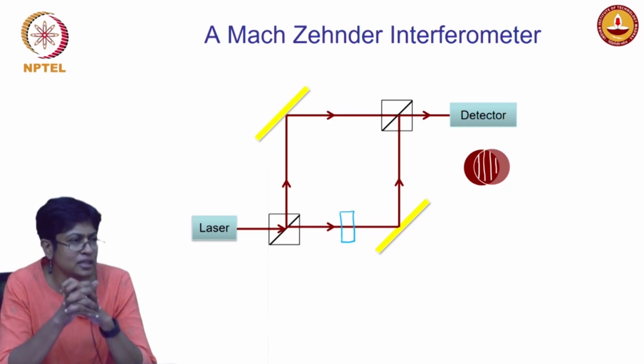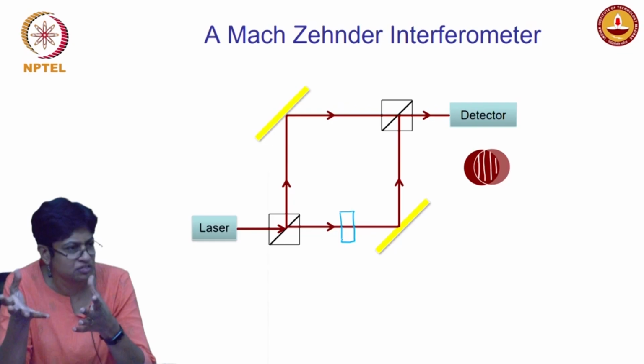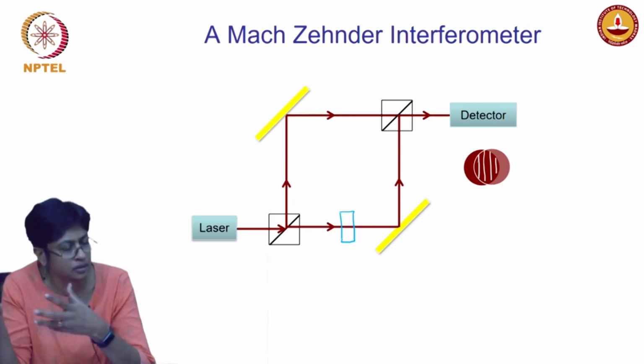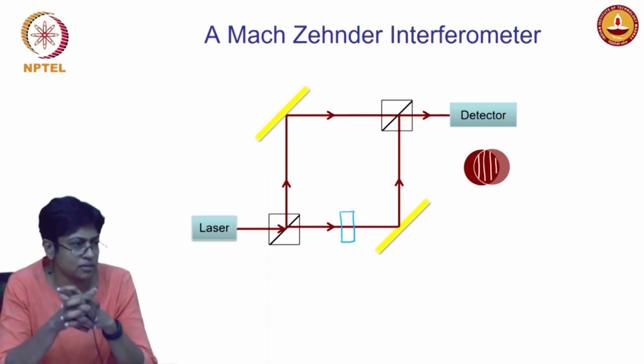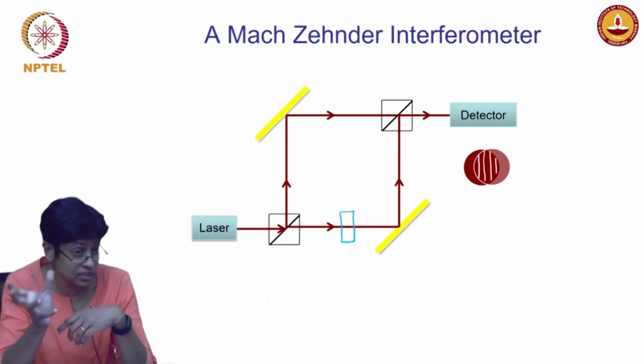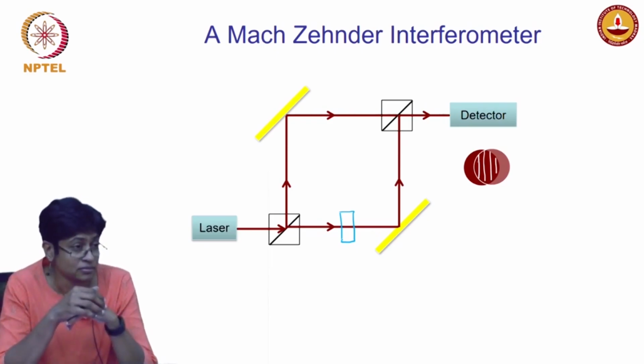Remember your intensity equation, your interference equation. It is I1 plus I2 plus the visibility or modulation depth times a cosine. You're really interested in that third term. What limits anything which is a cosine?